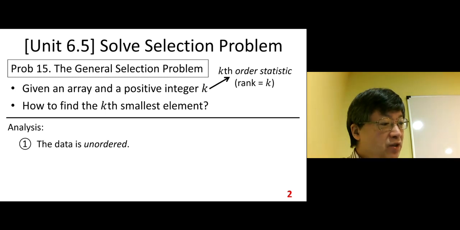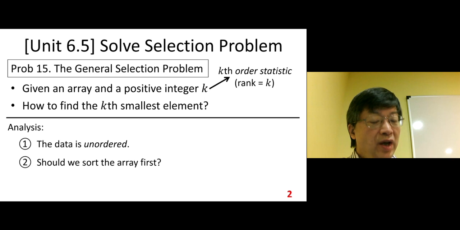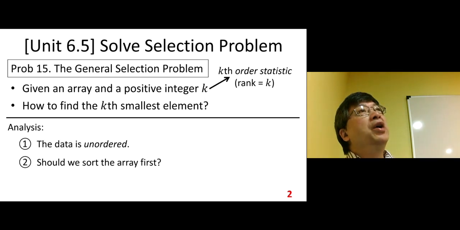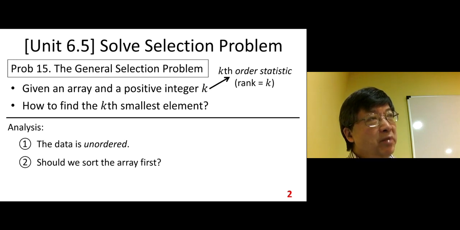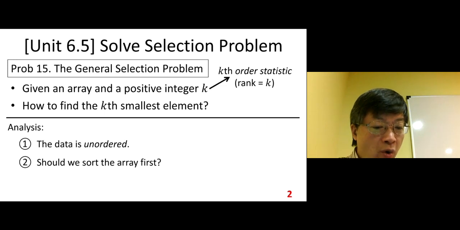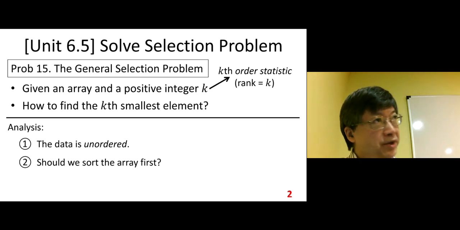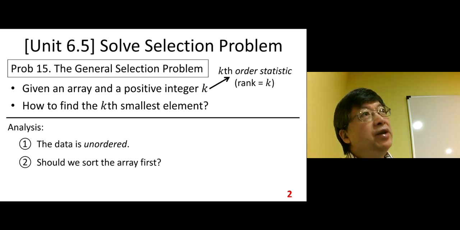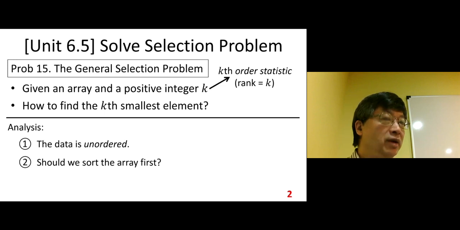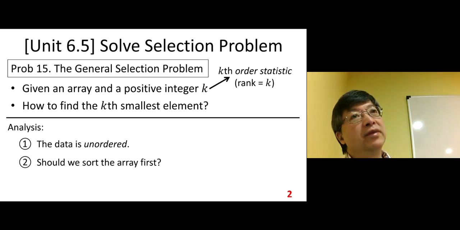Then, next question: if you recall our element uniqueness problem, you may ask whether we should sort the array first. In the element uniqueness problem, we sorted our array first. But here the situation is different.